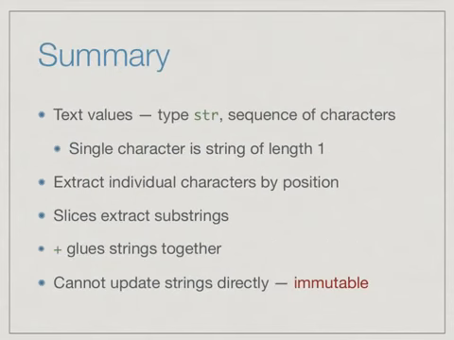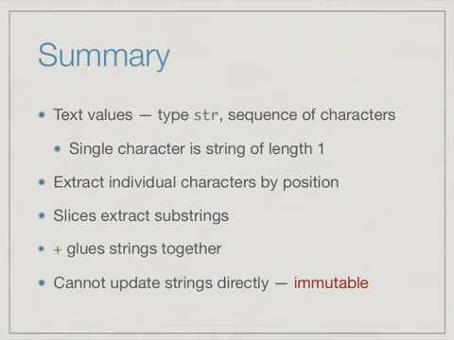So to summarize, what we have seen is that text values are important for computation, and Python has the type string or str, which is a sequence of characters to denote text values. There is no separate type for a single character. There is no single character type in Python. A single character is just a string of length 1. We can extract individual characters by index positions.